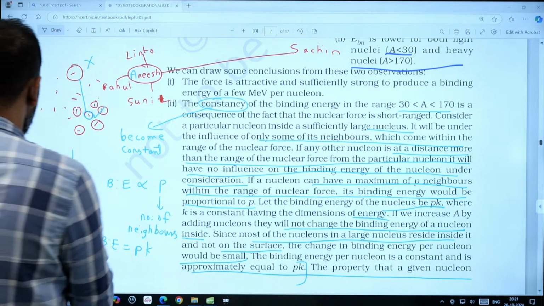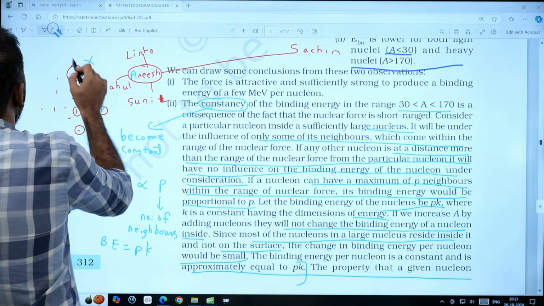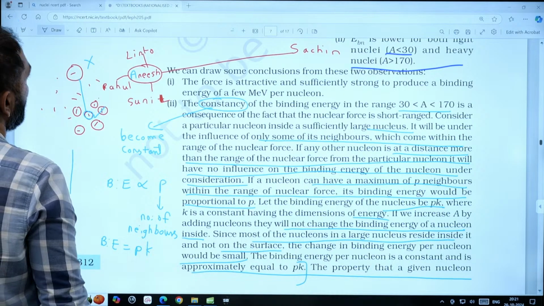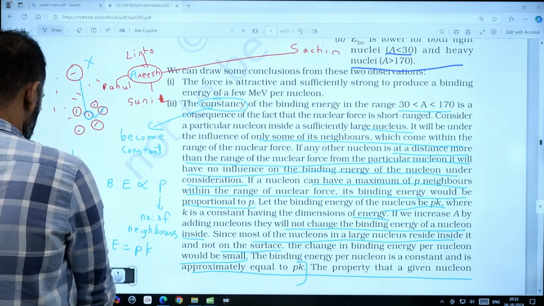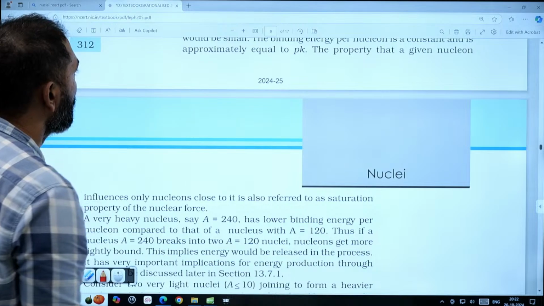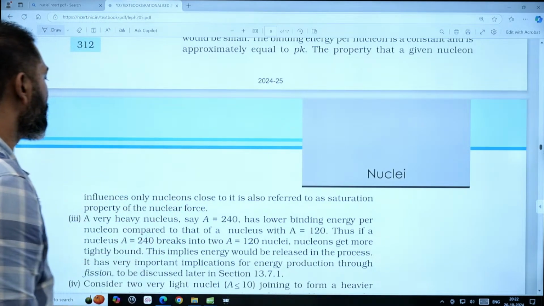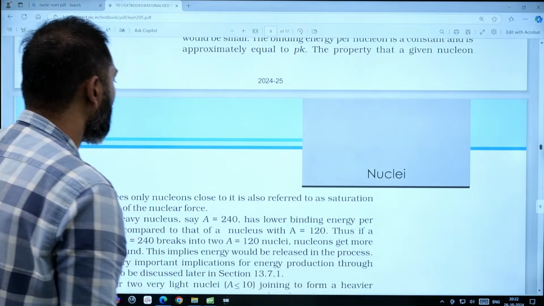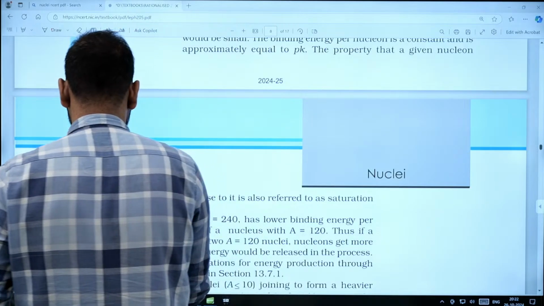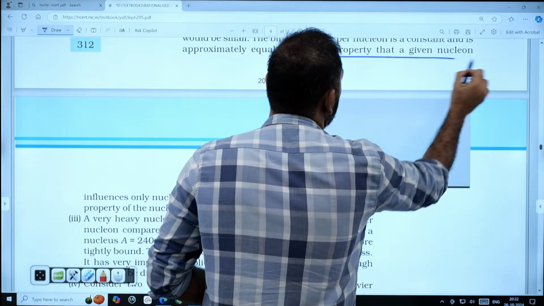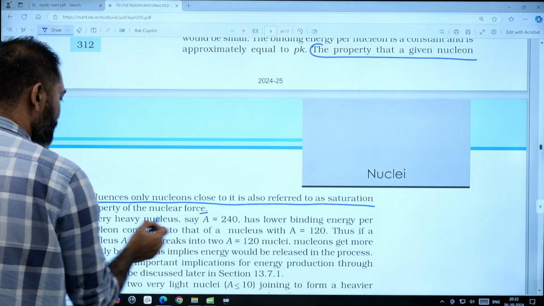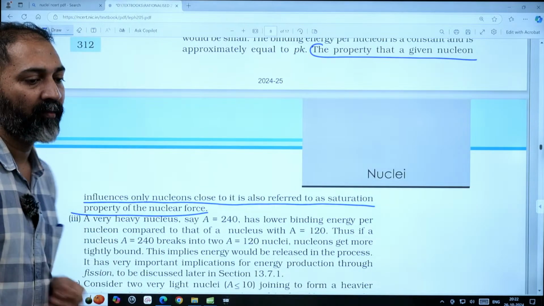Okay, continuing. The property that a given nucleon influences only nucleons close to it is also known as the saturation property of nuclear forces. Please note down.